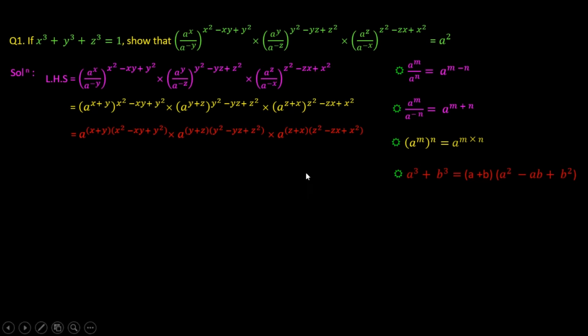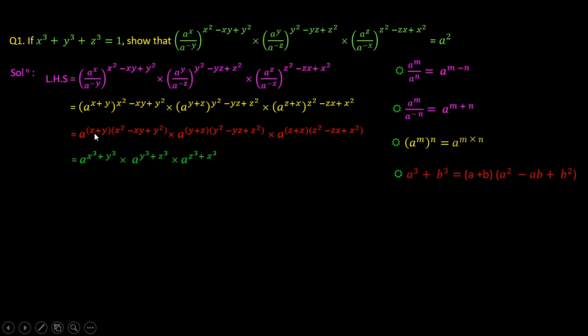Okay, so a cube plus b cube equals a plus b times a square minus ab plus b square. So you have to use this formula here on these three powers. Okay, here and here.